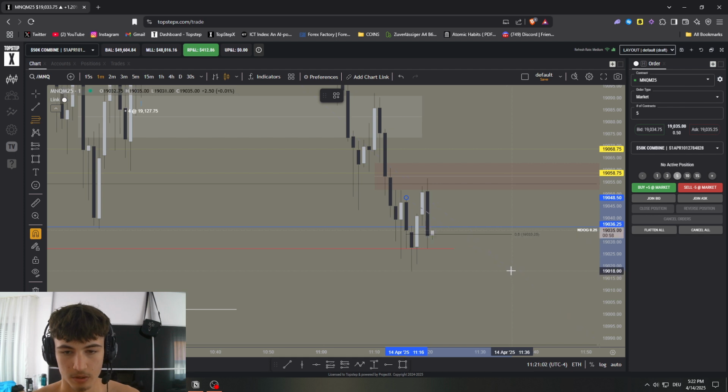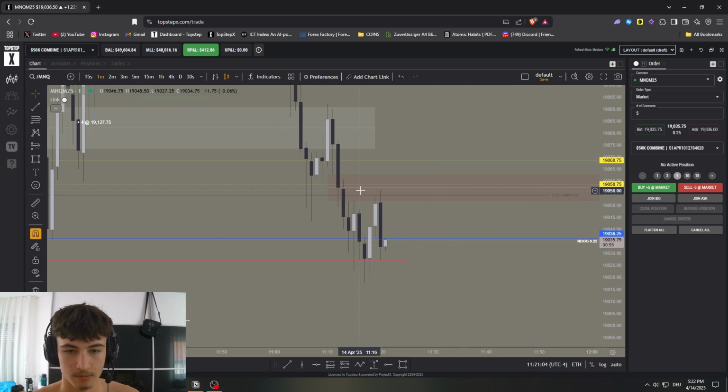We kind of respect consecutive encroachment of this order block right here. Maybe last candle as well, yes.